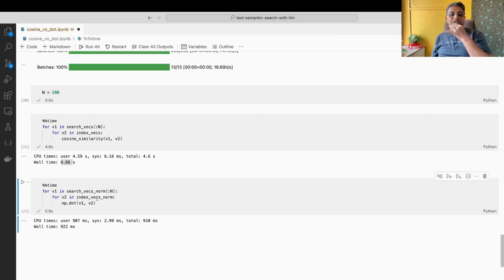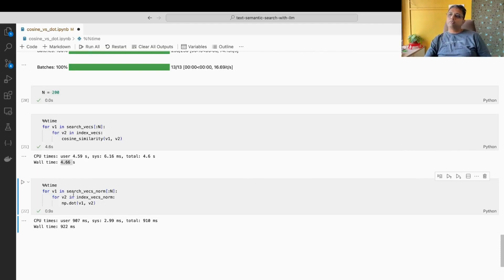Different model embeddings are trained in different ways. Some embeddings are optimized for use with dot product, so you can use them directly without even normalizing them.